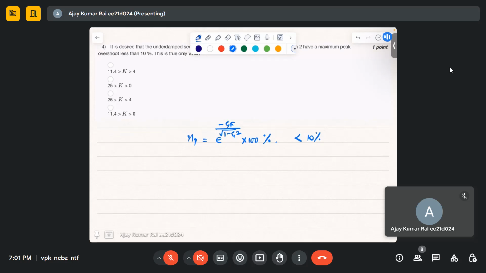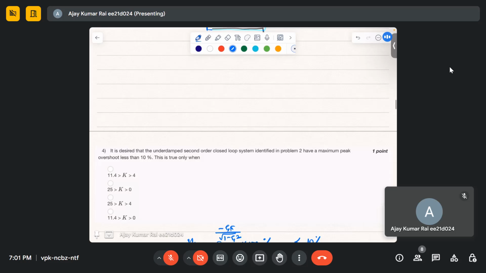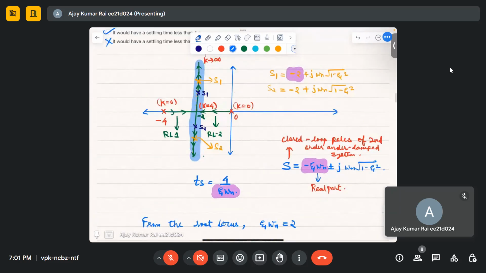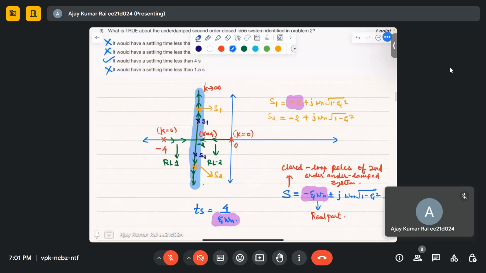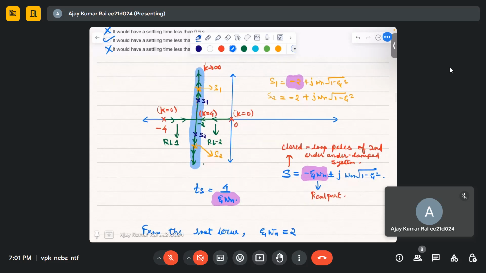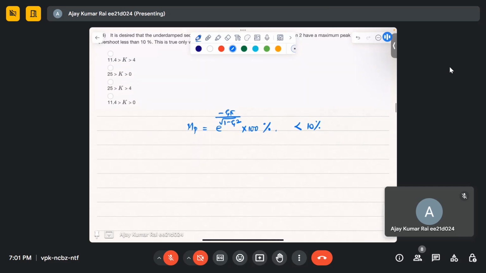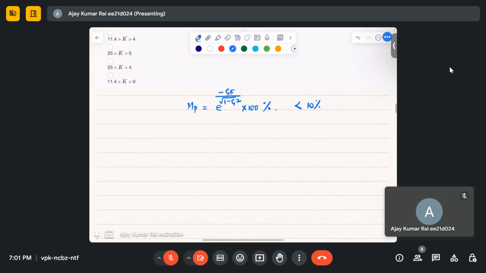So let's first find the value of zeta. What if I find the value of zeta, what can I get? Tell me. Let me first find the value of zeta, then we'll see what we can do with the root locus. Let me solve this.